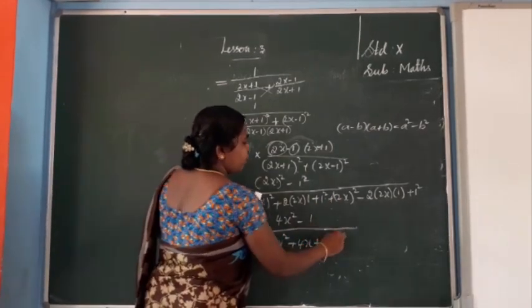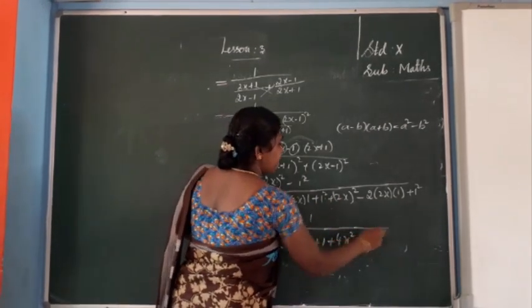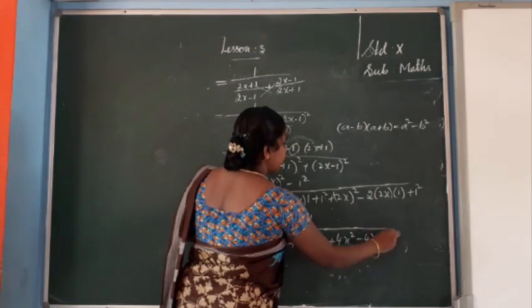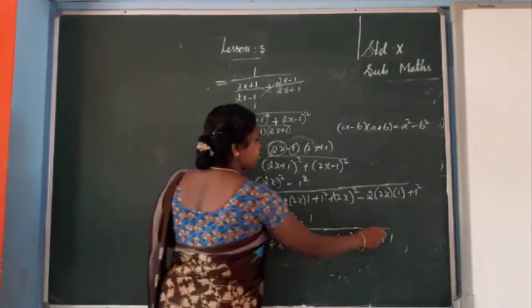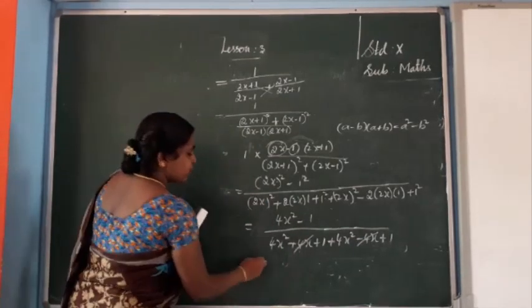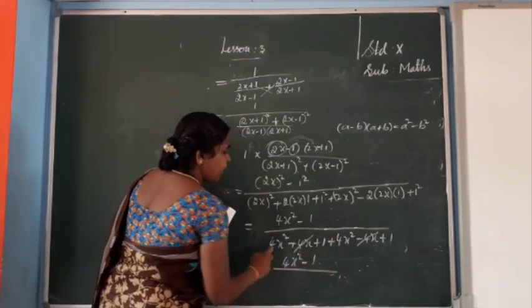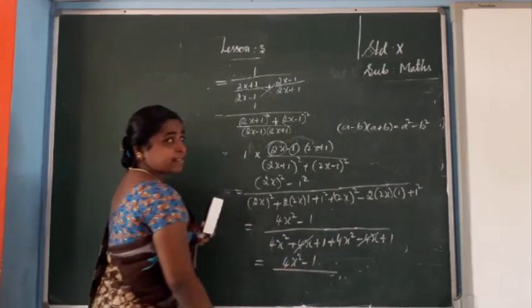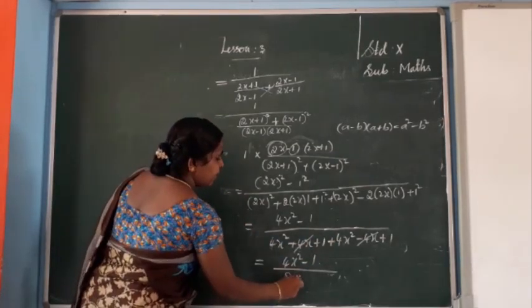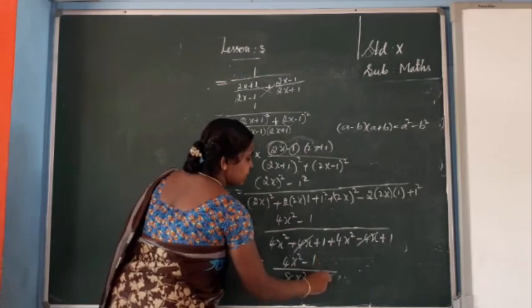Next again 4x square minus 4x plus 1. So plus 4x minus 4x cancel. What is remaining? 4x square minus 1 divided by 4x square plus 4x square is 8x square, and 1 plus 1 is 2.